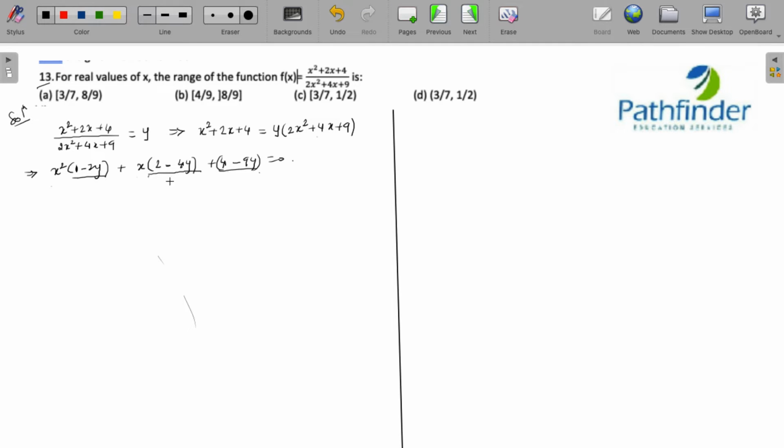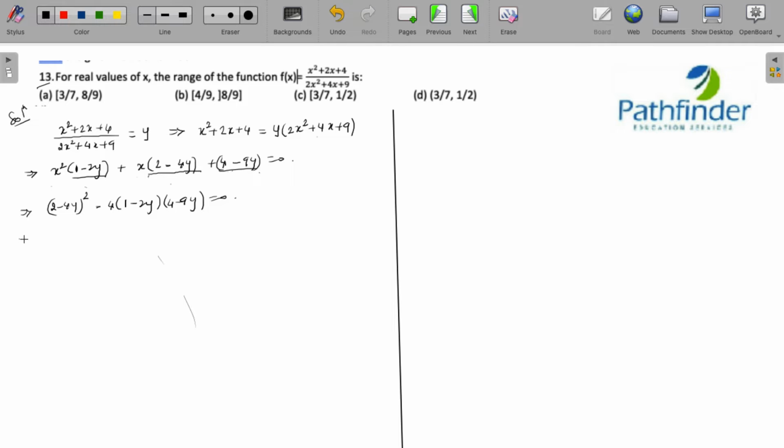This 2 minus 4y becomes b, 1 minus 2y is a, and 4 minus 9y is c. Quickly performing b square minus 4ac: (2 minus 4y) whole square minus 4 multiplied by (1 minus 2y) into (4 minus 9y).